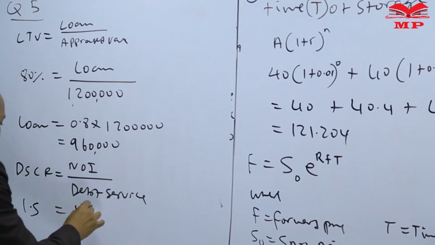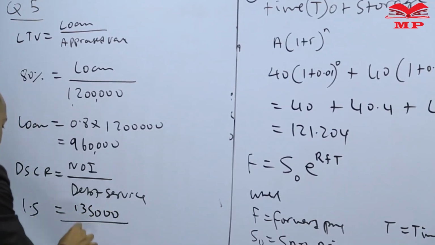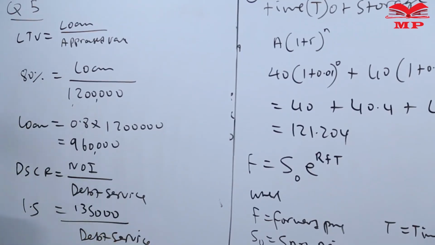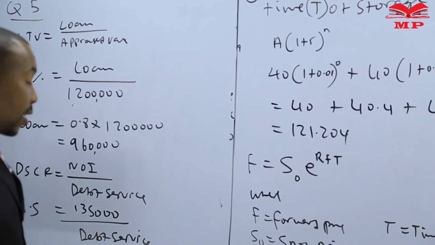So 135,000 divided by the debt service, or how you are servicing the debt.